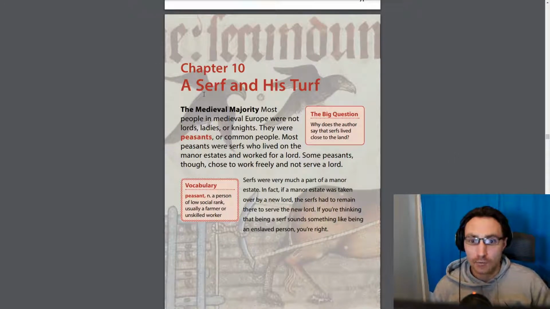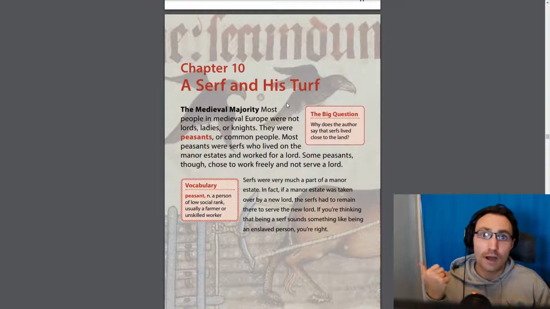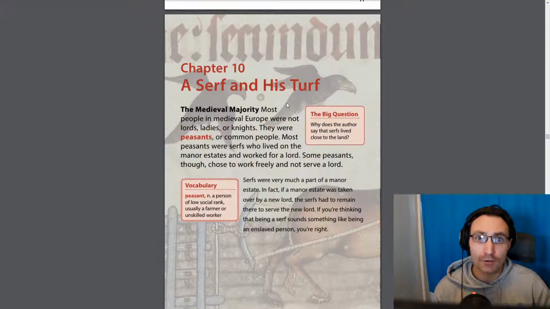We're going to learn more about the serfs. We learned about castles and how they were built and used as fortresses in warfare. And we learned about knights and how boys became knights. They became pages and then squires, and then at some point were knighted by the Lord to become a knight.